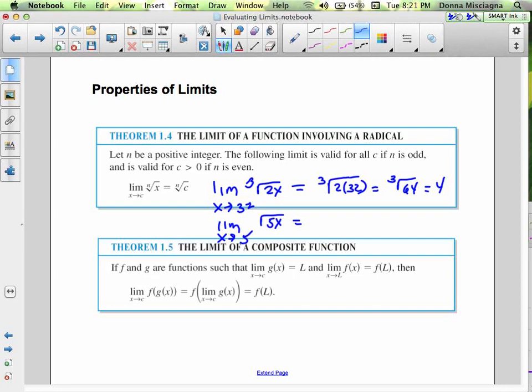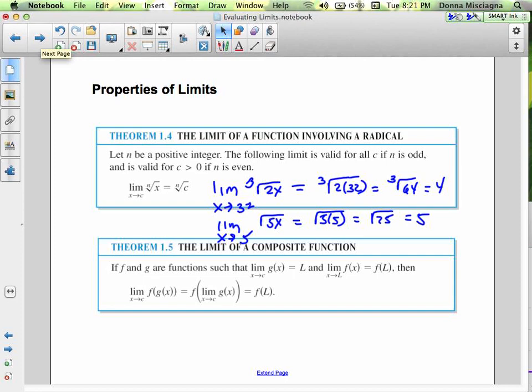I can use substitution. So that would just be the square root of 5 times 5, which is the square root of 25, or 5. But if it was as x approaches negative 5, well, now that wouldn't be valid, and I can't use direct substitution because that value doesn't exist for the square root function.